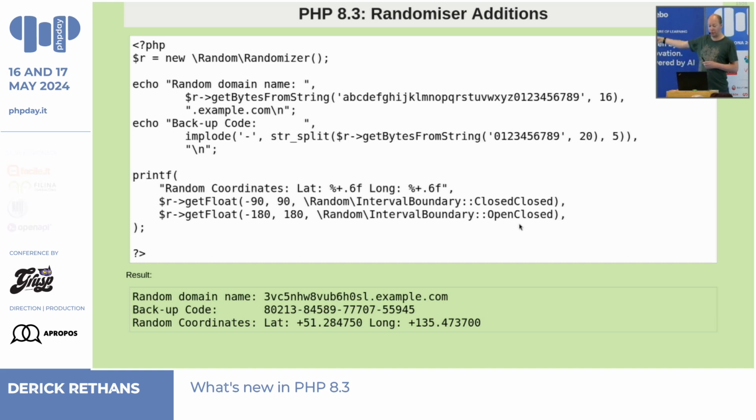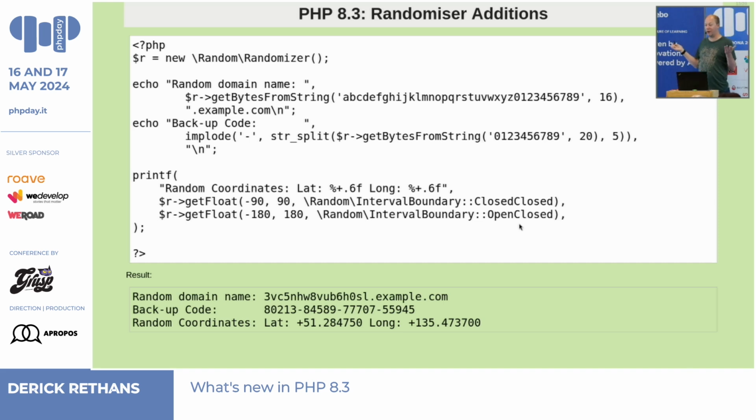And it also, as its third argument, has a boundary condition. Closed means the number on the edges is included, whereas open means the number isn't included. So you can generate a number from -90 to +90, inclusive, or you can create one from what I've done here, from larger than -180 to 180 and including 180 and things like that.